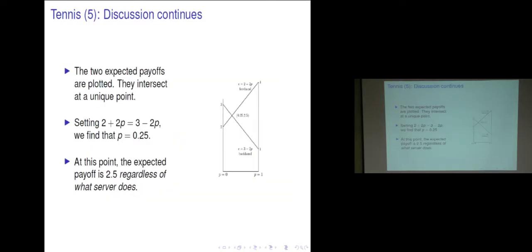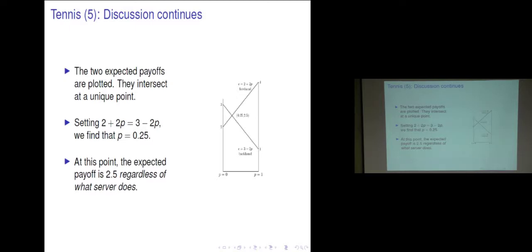Suppose the receiver uses some strategy with probability p less than the critical one, the 0.25 here, and then the other guy can make the payoff less, right? If the other guy keeps serving with forehand, the minimum of the two is here, so player 1 will get less.